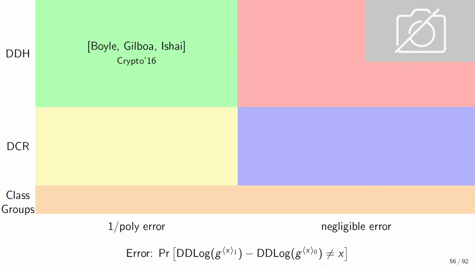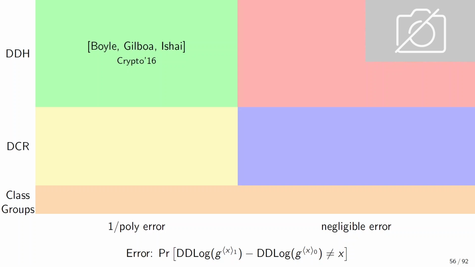Now, there is one limitation on the solution, however, which is that it has some error in share conversion. So even if you give me g to the shares of x, once you apply the DD log, you have a 1 over polynomial chance that an error will appear, that after DD log, you no longer hold shares of what was in the exponent.